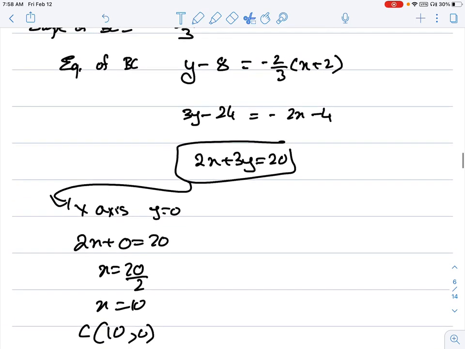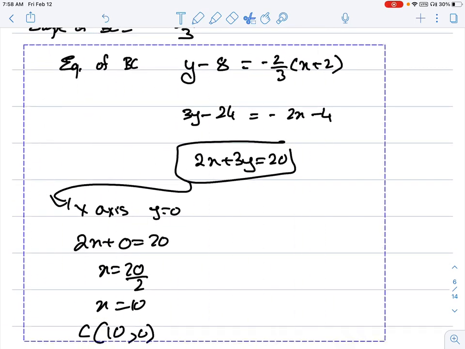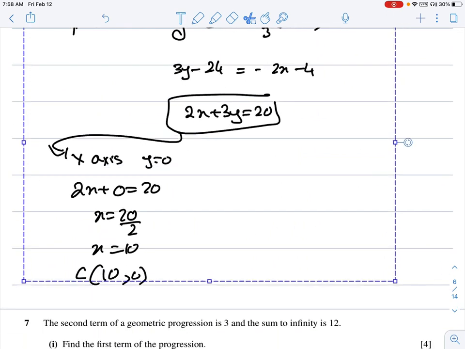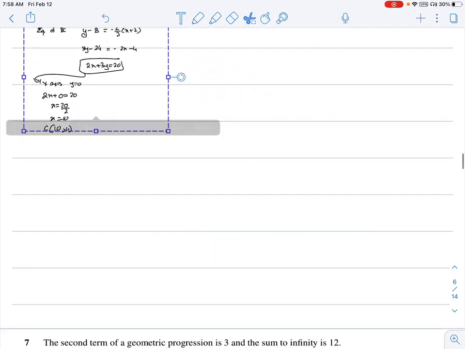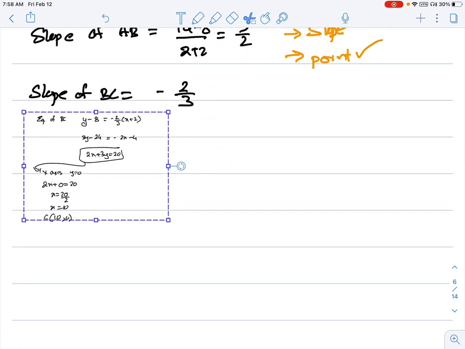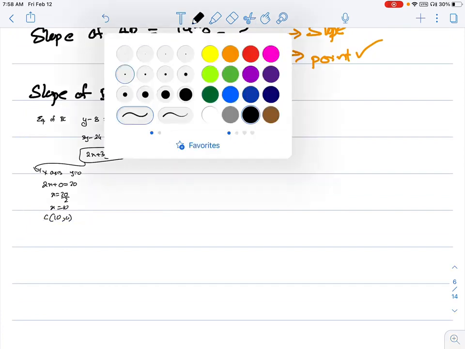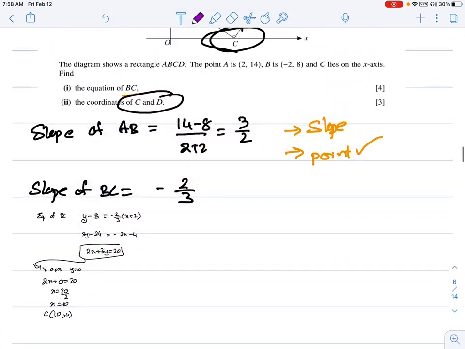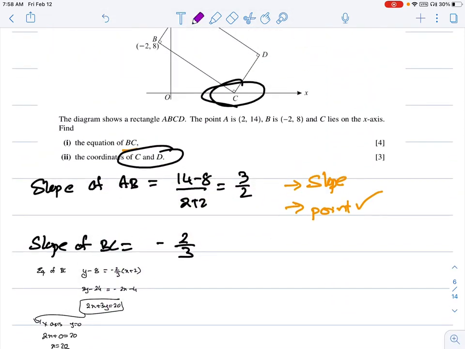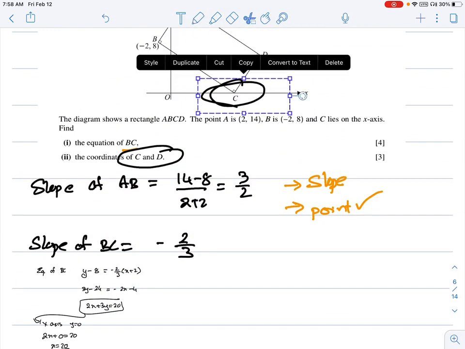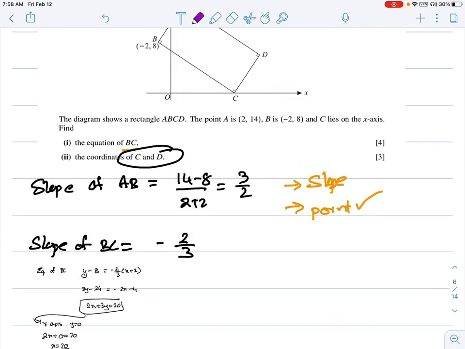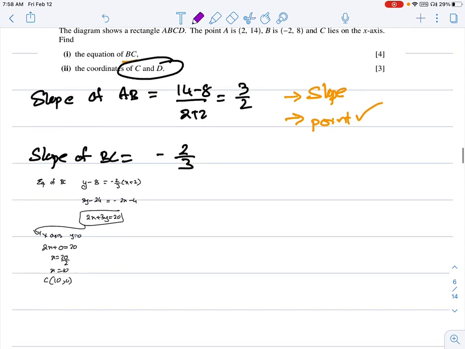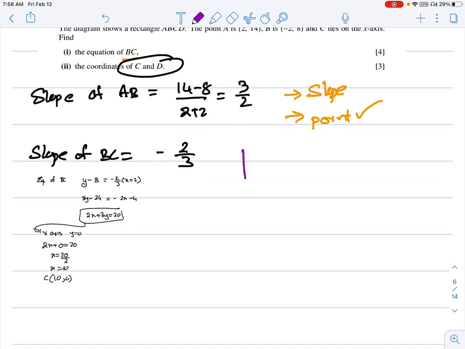The equation of BC and C, this entire thing is moved here. Now coming to the question, I have to find the point D. Let me update this here also: C is 10, 0. What I am going to do is draw a rectangle.